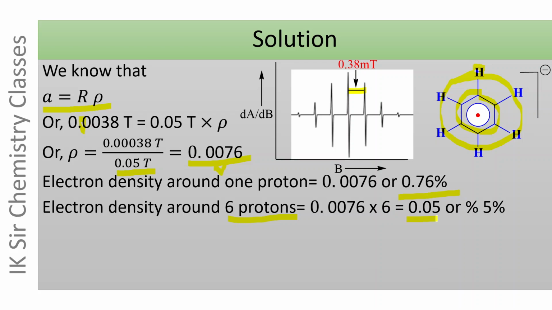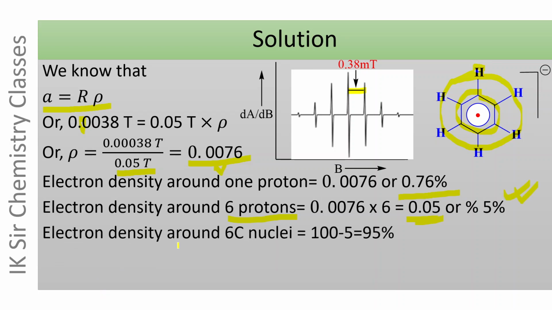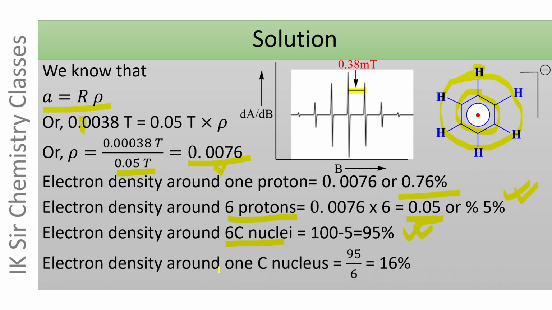This is the approximate value, or 5%. The electron density around 6 carbon nuclei will be 100 minus 5, that is 95%. It means the electron density around 1 carbon nucleus will be 95 by 6, that is about 16%.